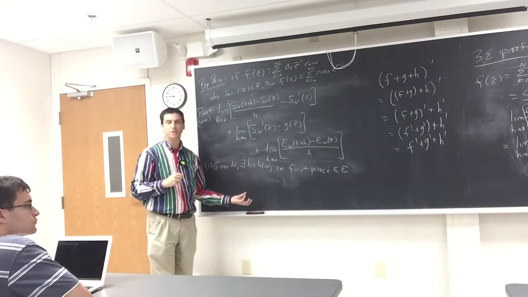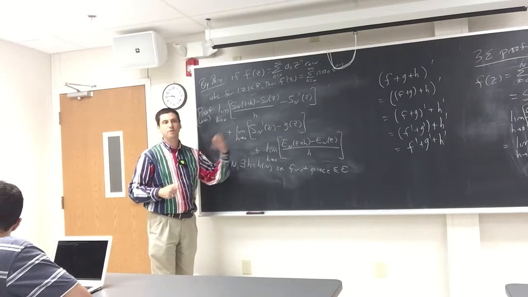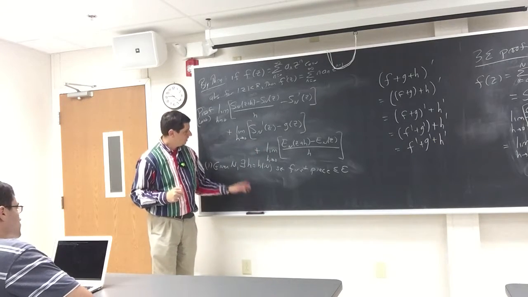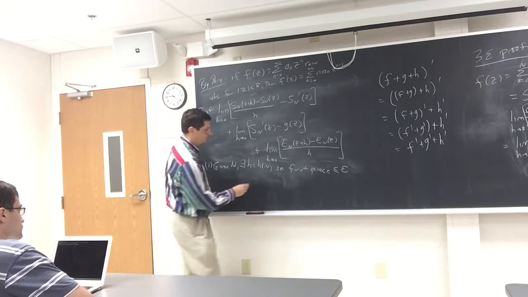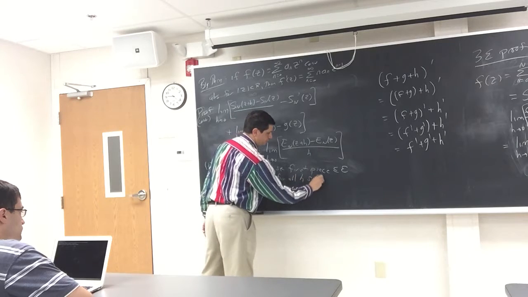And then if we have multiple n's, we just choose the largest n so that all of them will work. And if we have multiple h's, we just make sure they're all smaller than the critical threshold. So such that the first piece is less than epsilon for all h sufficiently small.